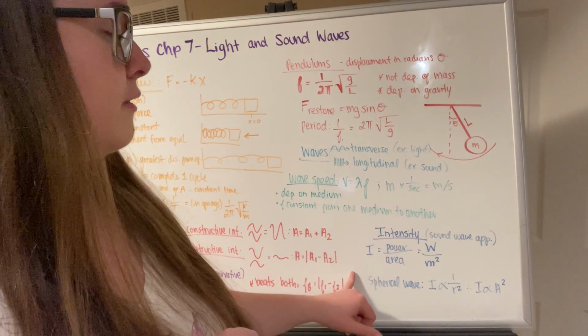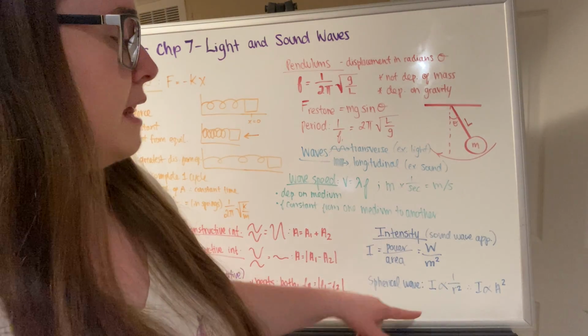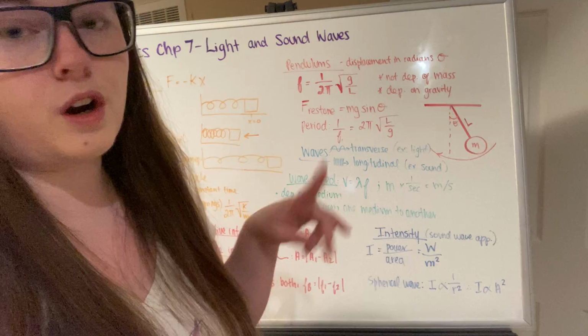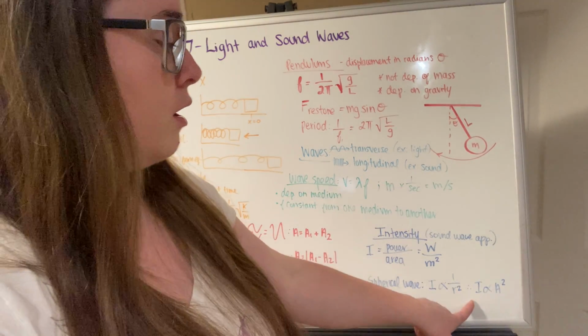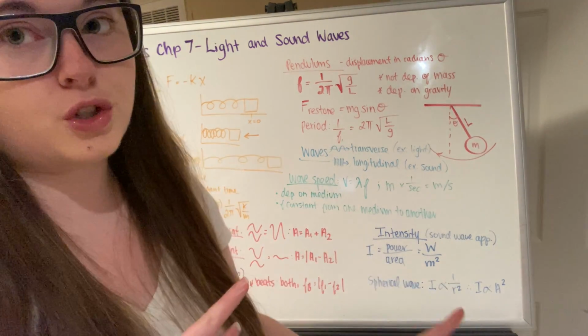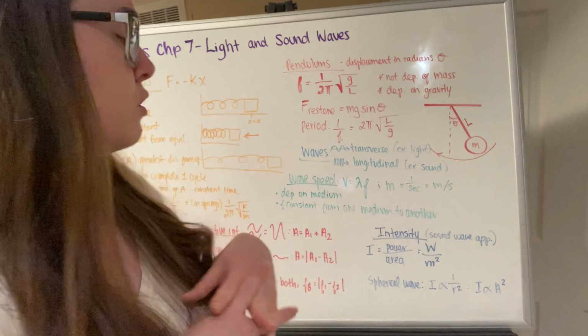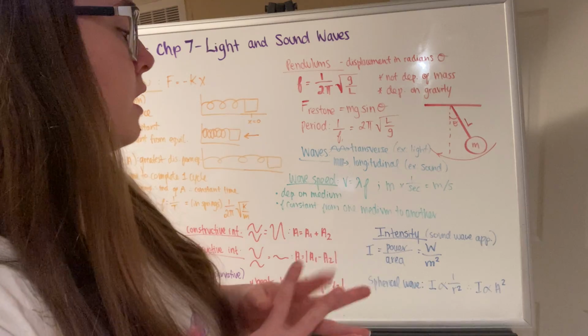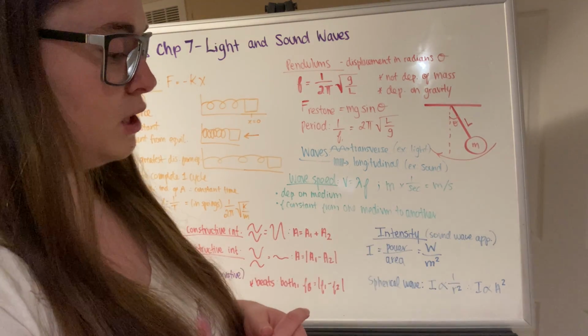And then we have, for a spherical wave, the intensity is proportional to 1/r squared. Therefore, the intensity is proportional to the amplitude squared. So that's for spherical waves, just another subset of this intensity topic. But yeah, definitely just know this equation.